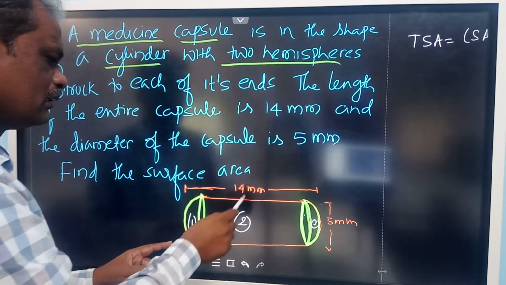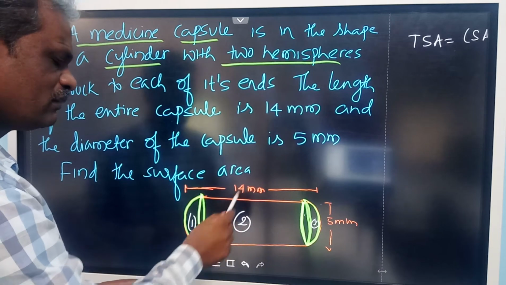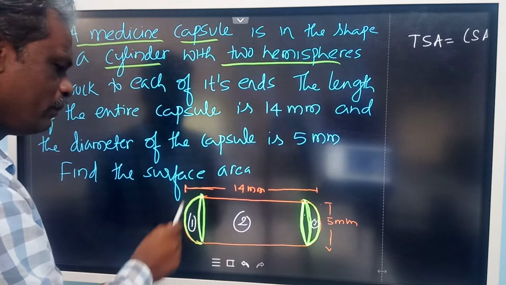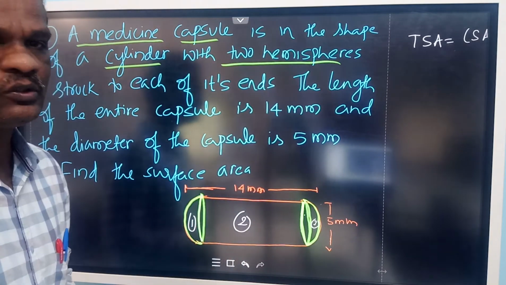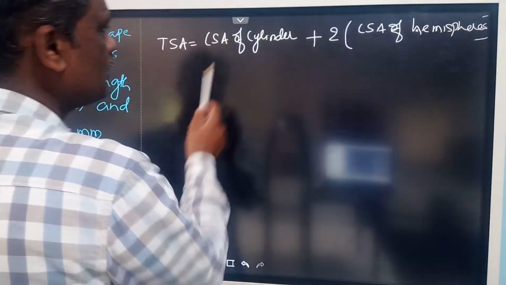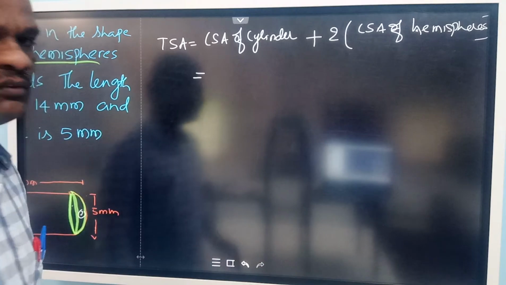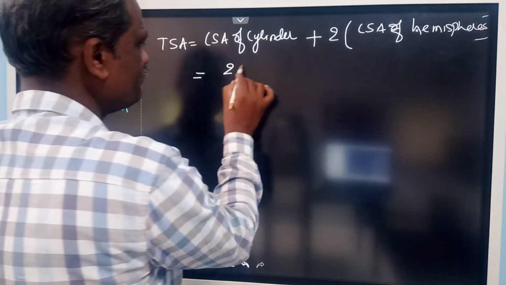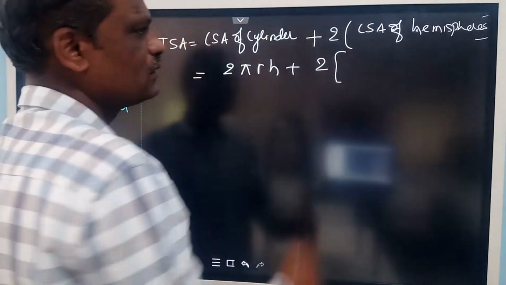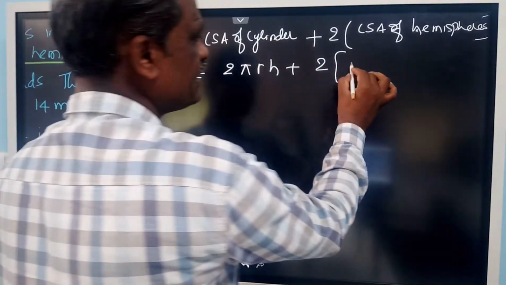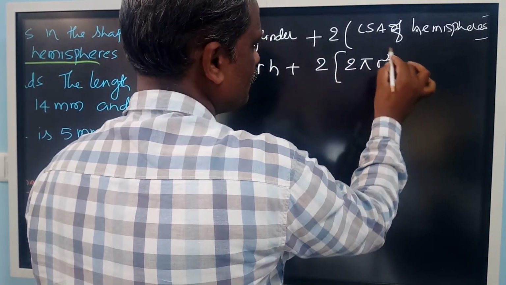Curved surface area of the cylinder, you know the formula, is 2 pi r h, plus 2 times the curved surface area of a hemisphere, which is 2 pi r square.